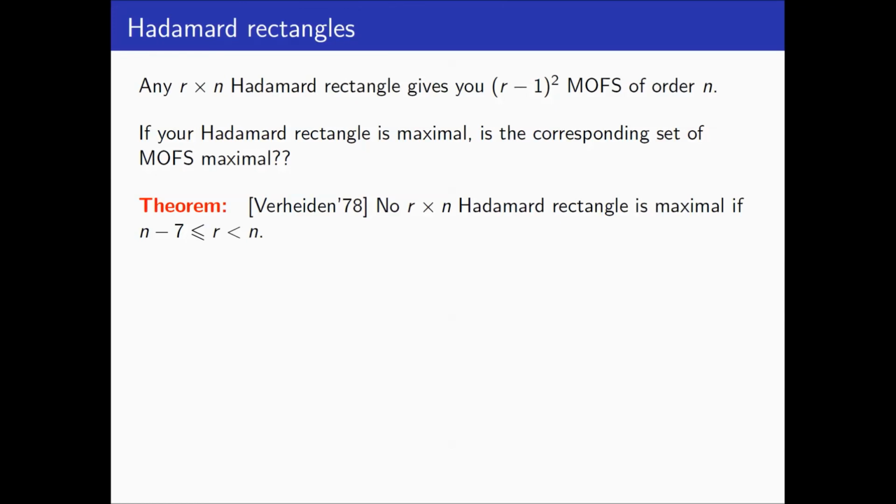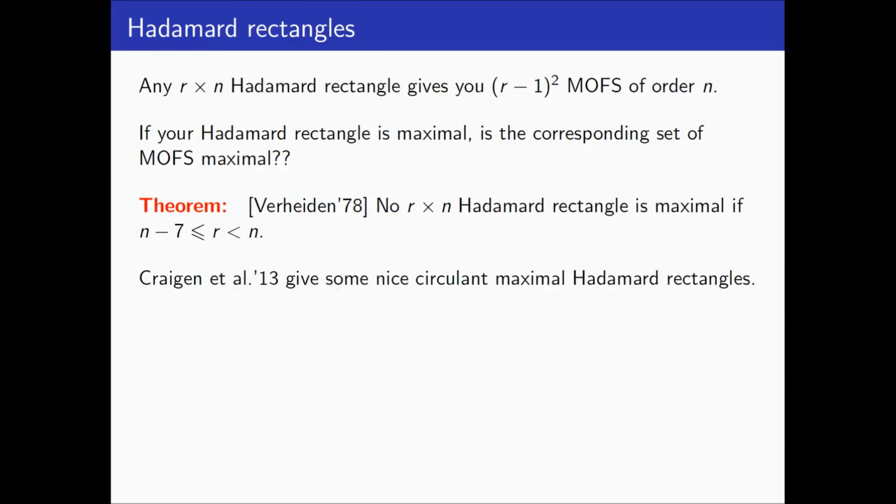I actually learned about this theorem from a paper of Rob and co-authors that gives some nice circulant maximal Hadamard rectangles, and also claimed a 5 by 12 maximal Hadamard rectangle, which is kind of interesting when you have a look at the theorem.